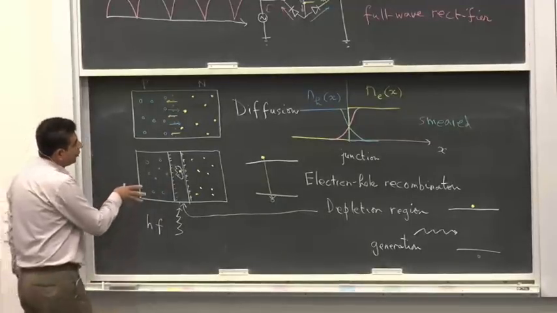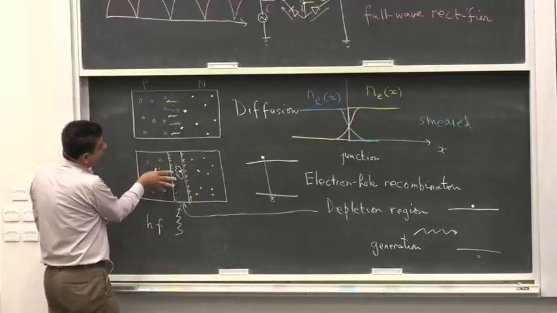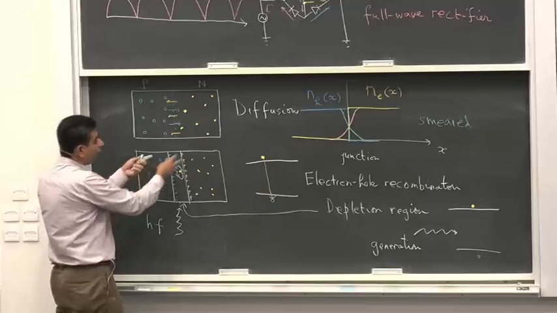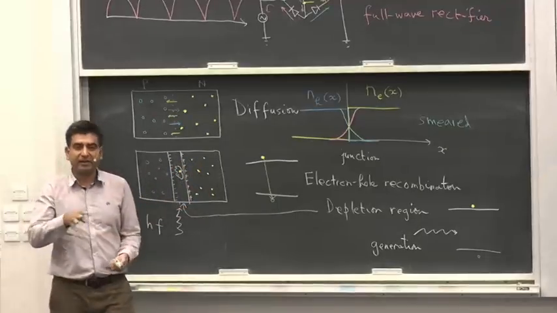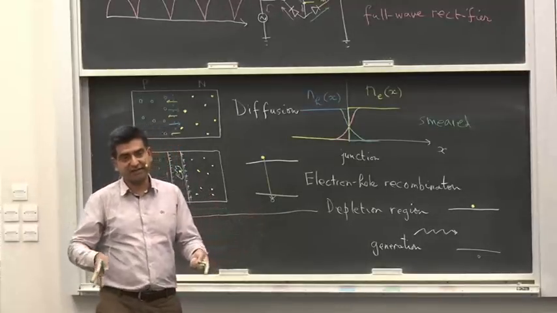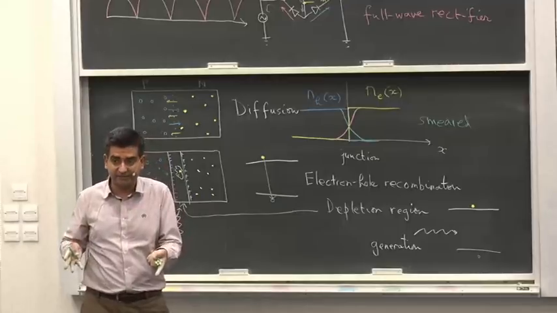Now this electron, if all the Fermi levels are adjusted, can diffuse into this region and this hole can diffuse into this region, or the other way around, and can form a current. But this is the basic process. A photon comes in and generates charge carriers. This is what happens in a solar cell. It's the converse of what happens in an LED.